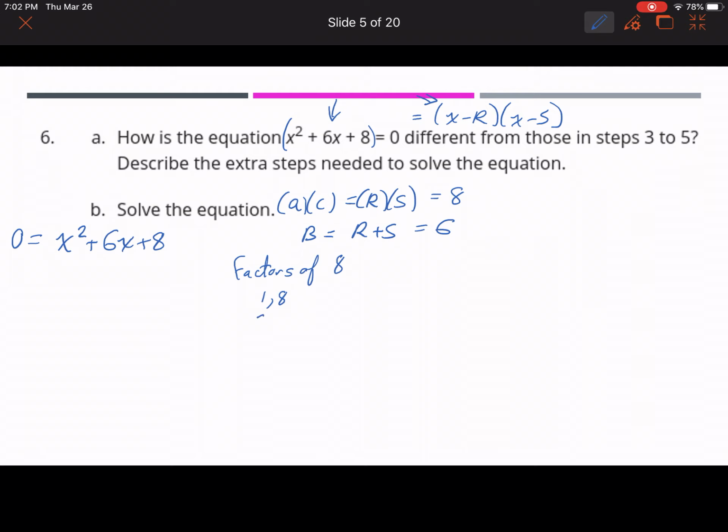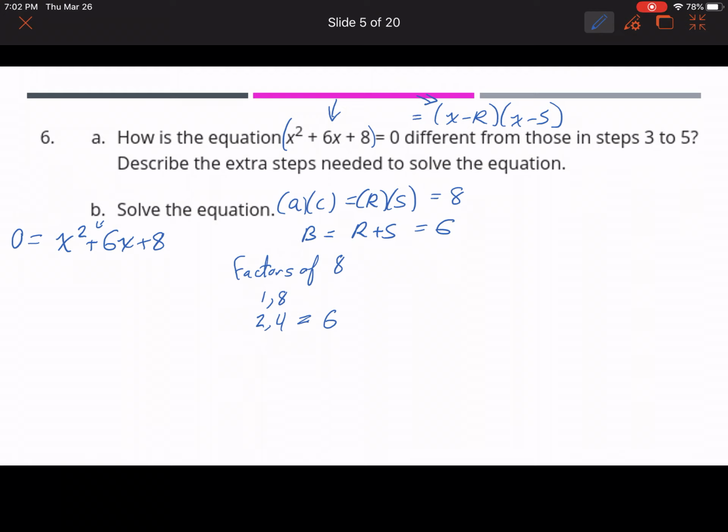We can do 2 times 4. And of course, because we have positive numbers, we can do -1 times -8, or -2 times -4. But we know that our b term is positive, so we're not going to go there. So we know we're going to have these two, because when we add them together, they equal 6.